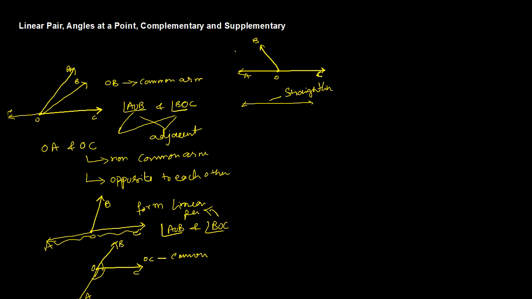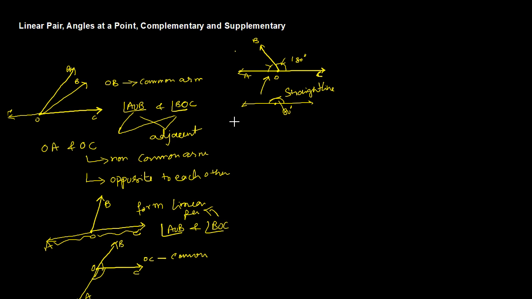If you know the different types of lines, a straight line actually makes an angle of 180 degrees. So coming back to that, bringing that concept of a straight line making 180 degrees, if these two are adjacent angles and the non-common rays are opposite to each other, then the sum of these two angles is going to be 180. So what does that mean?